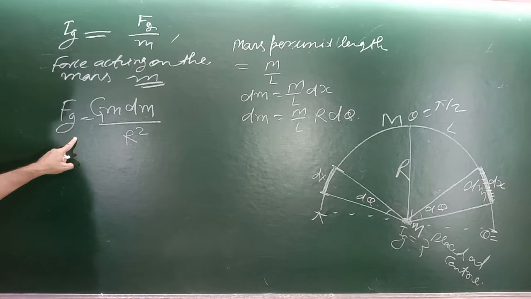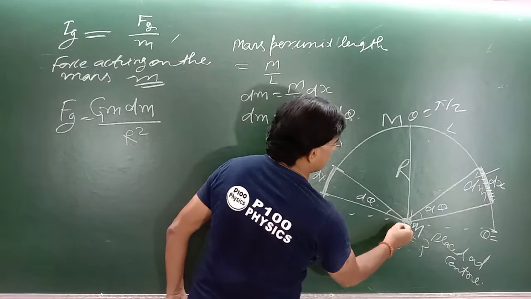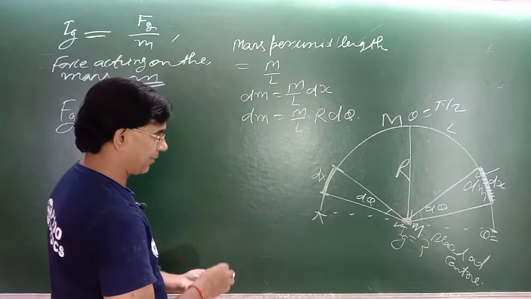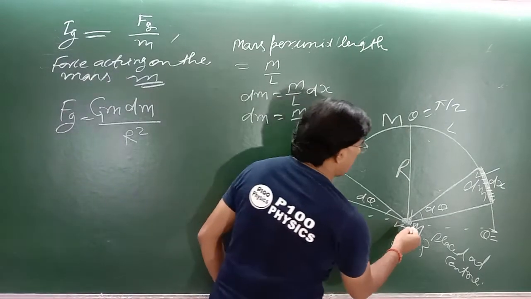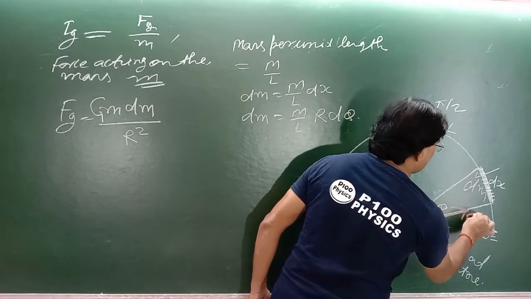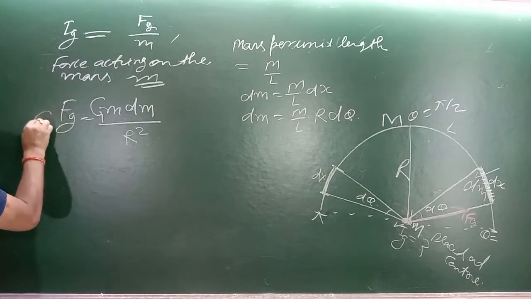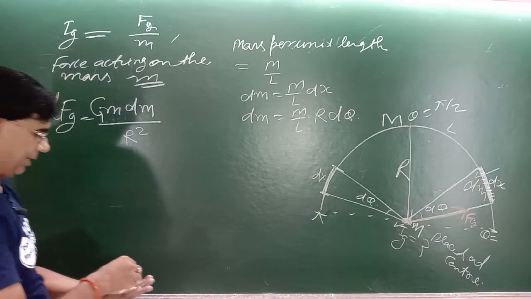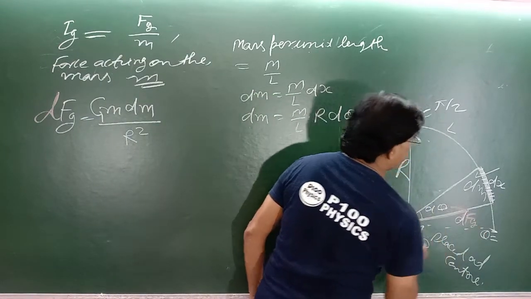This is the value of Fg. Since the force Fg is acting here, this is the Fg or df, its name is dfg. So this is also dfg.